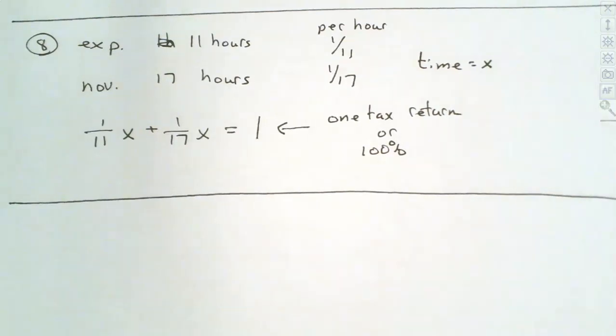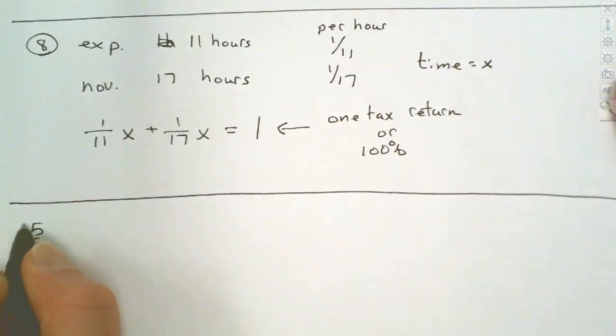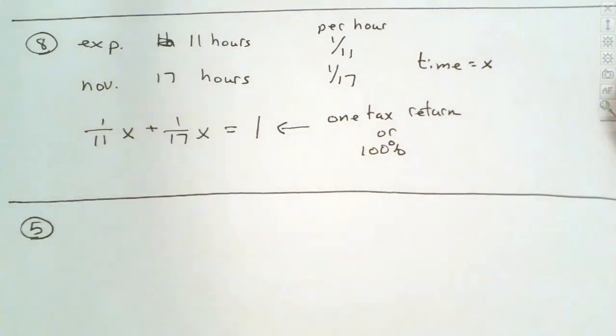I think that's all of the applications. So now we're going to set up some of the other ones as well. And these are going to be ones I know you're going to struggle with. One that's pretty easy to work through, but students try to make it too difficult, is question 5.